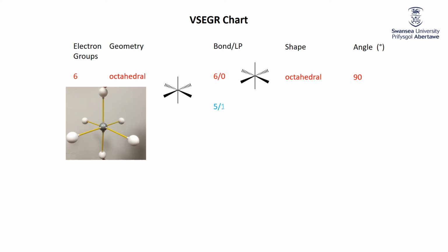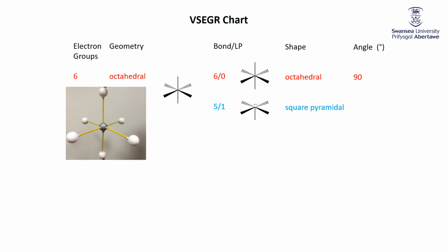Now in this case, when you take one of them away, so you've got 5 bonding groups, 1 lone pair, the example for that was IF5. It doesn't matter which one you take away because they're all equal in an octahedron. But then when you do take one away, now again you have axial, that's the one opposite the lone pair, and equatorial, the ones that are in the plane around the lone pair.